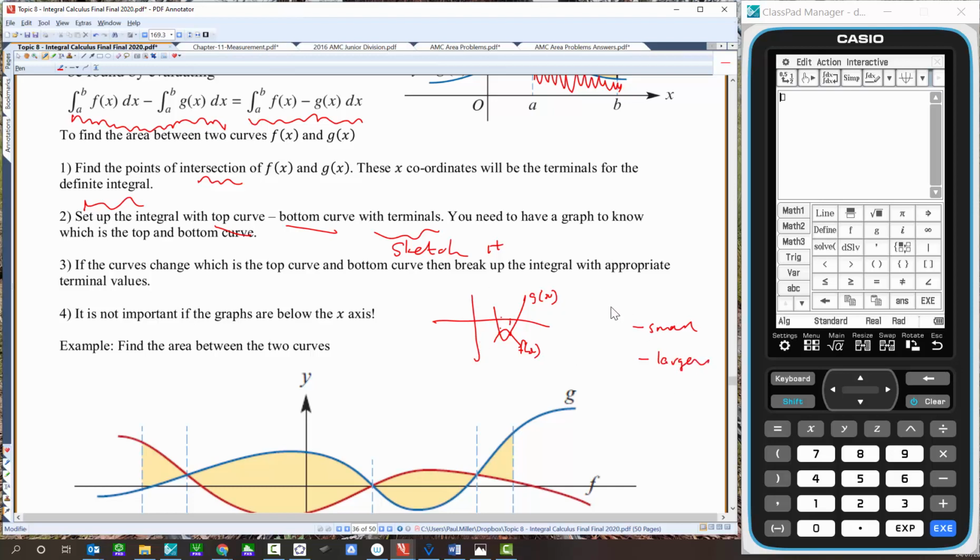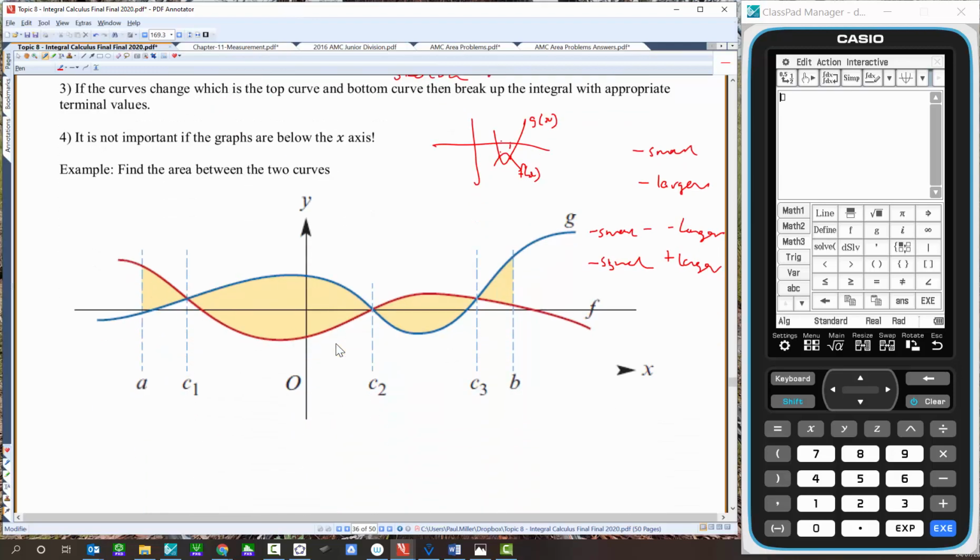And when I subtract, I'm going to go negative small, take away negative larger. And what happens is you get negative small plus larger. In essence, because that's negative, it'll be trumped by the positive there, and you'll get your positive area. So the signs actually just take care of themselves. It's quite elegant the way it all works out.